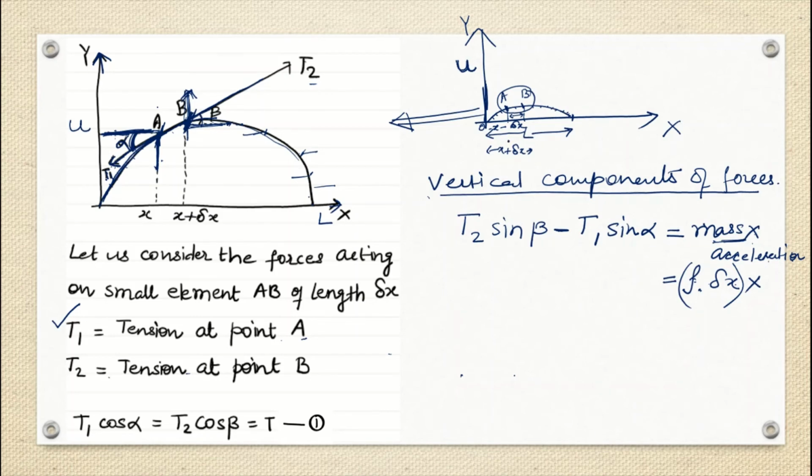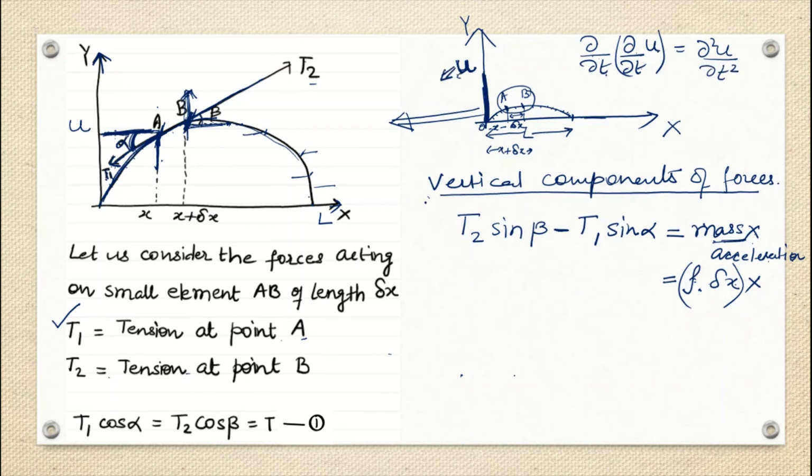U is the deflection in the vertical direction, and we are saying there is no deflection in horizontal direction. So the acceleration is del by del t of u, which is nothing but del 2 u by del t square.